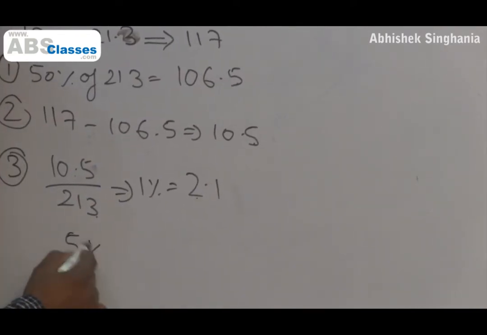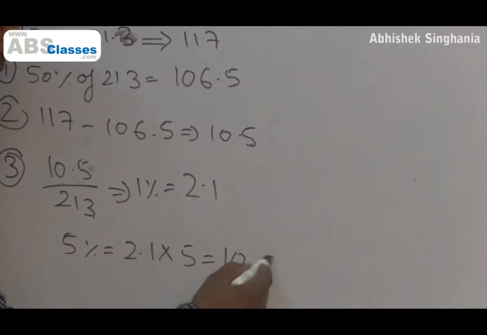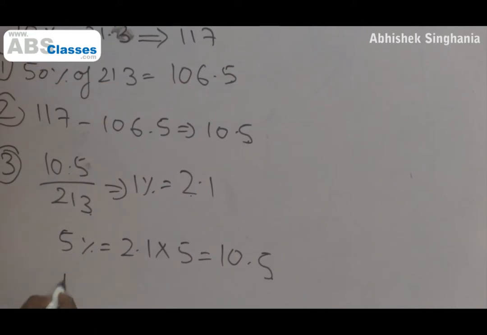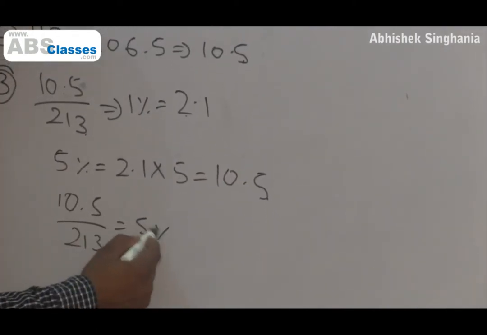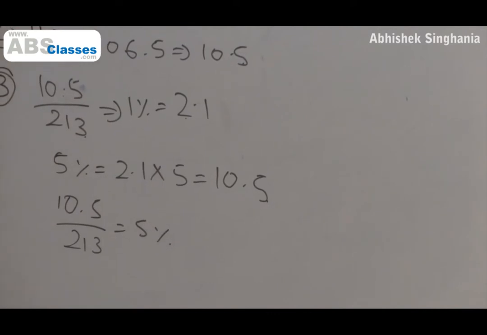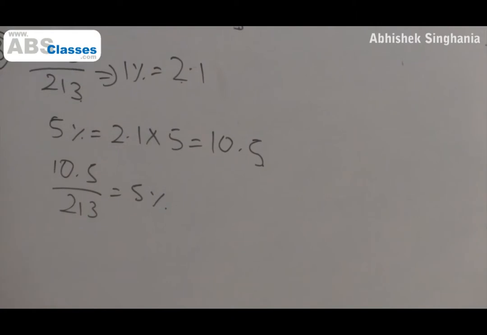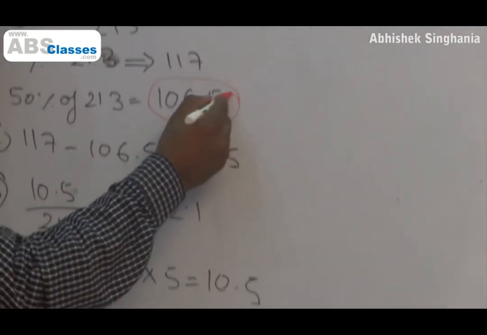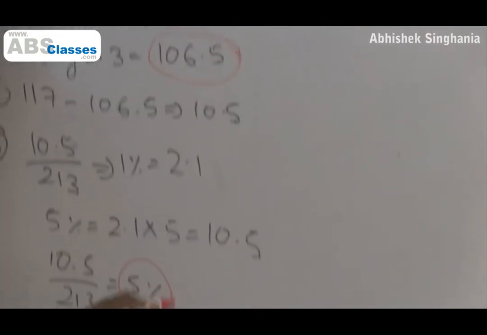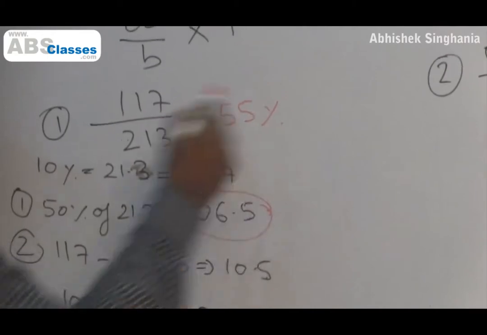So 5% is equal to 2.1 into 5, which is 10.5, which means 10.5 by 213 is equal to 5%. So my answer is 50% plus 5%, which is equal to 55%.